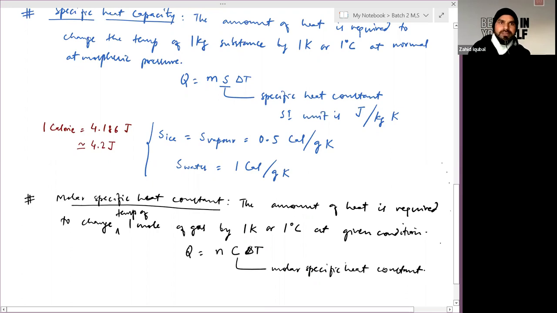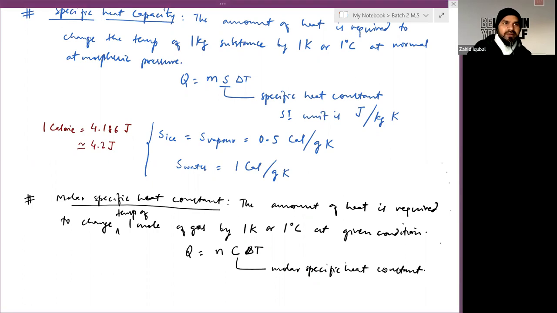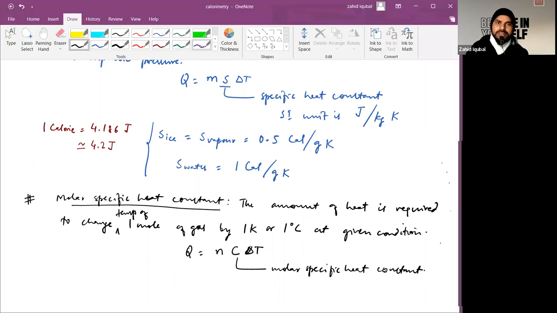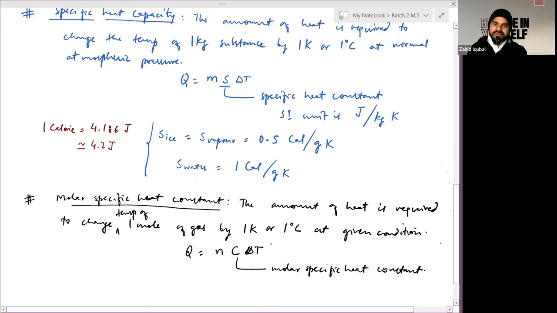Since in thermodynamics we may have different processes, isothermal, isobaric, isochoric, adiabatic, on the basis of different processes this C, or molar specific heat constant, may change its value. That's why I've written that at different conditions it will have different values.